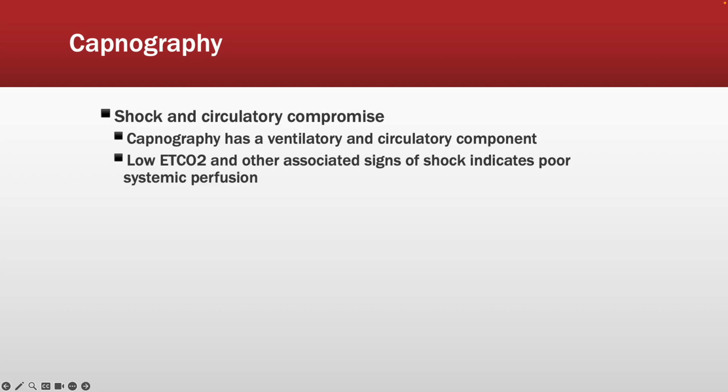If you have a patient with a low EtCO2 and other signs of poor perfusion like tachycardia, tachypnea, low blood pressures, this will kind of give you an indication of the state of shock they're in, how severe a shock they are in. You could even use it for septic shock.